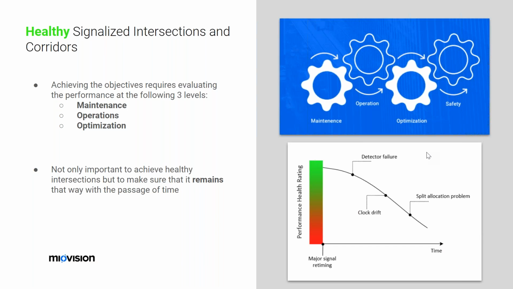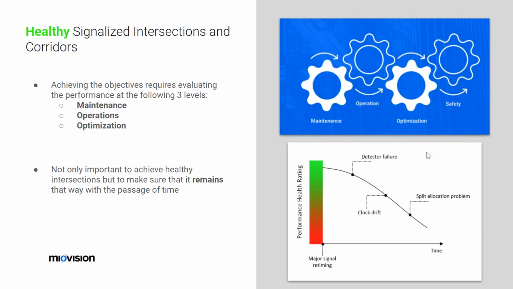So just to give you an example, on the bottom right corner, let's say there's a major signal retiming, and the y-axis there is the health rating of that intersection or corridor. What will happen is that after time, it's not just about a one-time thing to make sure that the signal or the corridor is retimed and working healthy, it's to be able to keep that healthy.